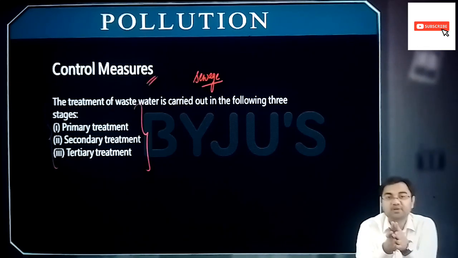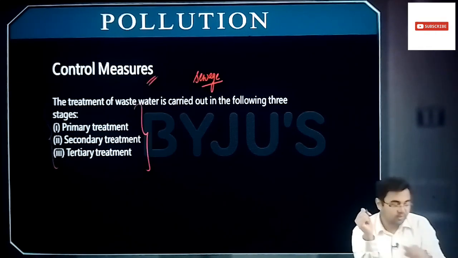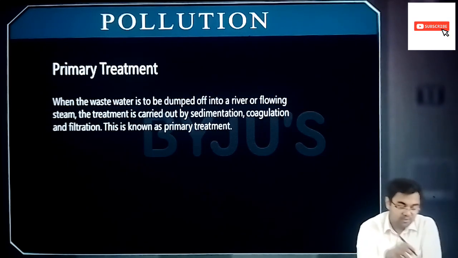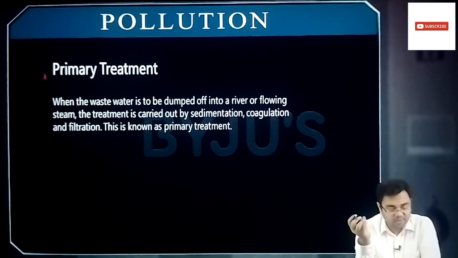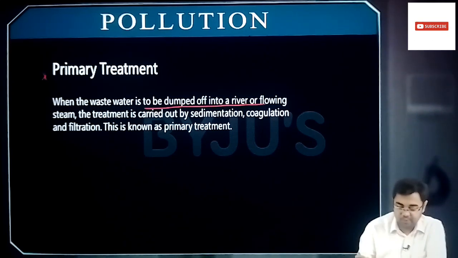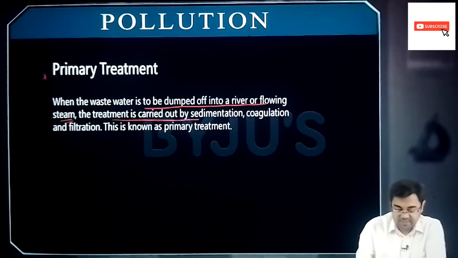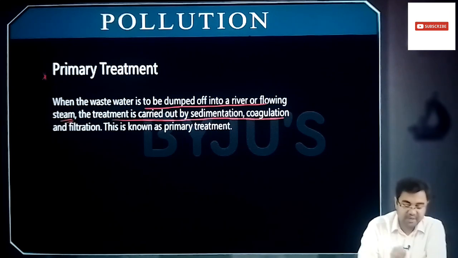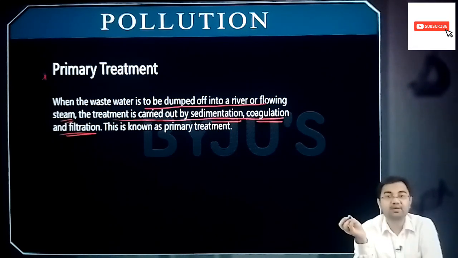What primary, secondary and tertiary treatment are is what we are going to see. When the wastewater is to be dumped into a river or a flowing stream, the primary treatment is carried out by sedimentation, coagulation and filtration. These are the 3 steps involved in primary treatment.